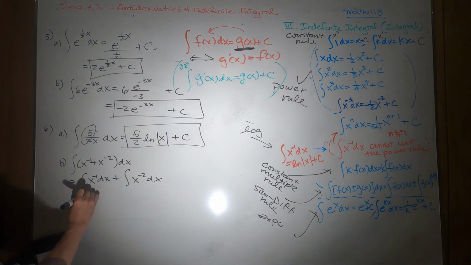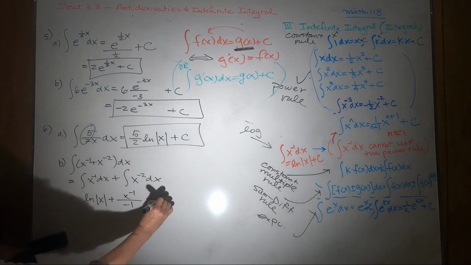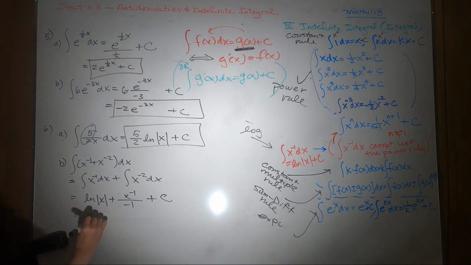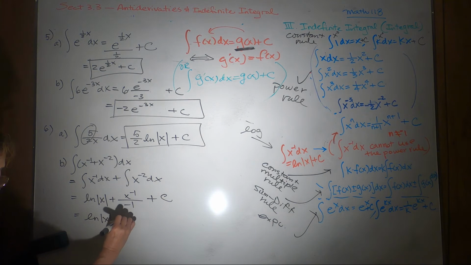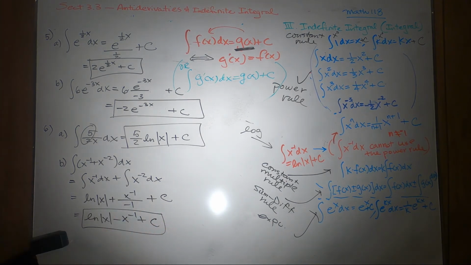So that will be your natural log, right? Antiderivative. Then for this one, can we use the power rule? Yes. One level higher will be what? x to the -1 divided by -1, right? Plus your arbitrary constant. So the final answer would be this one, right?